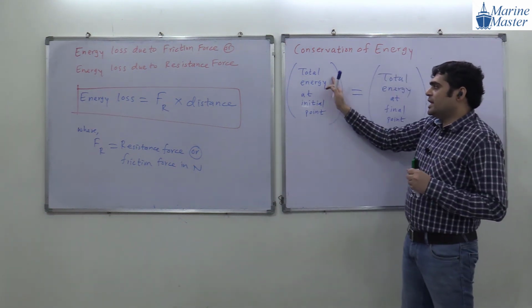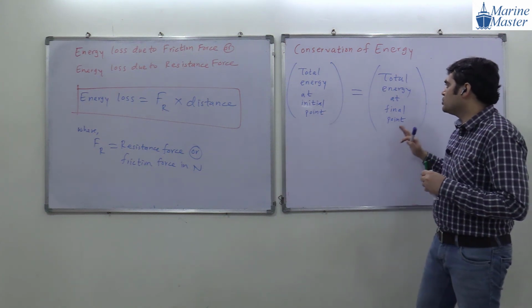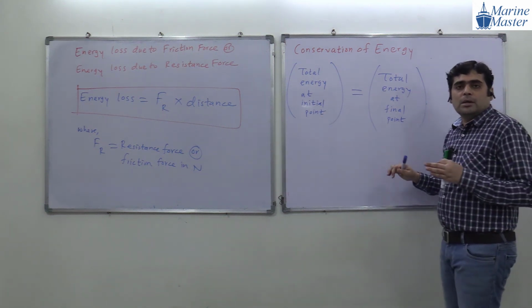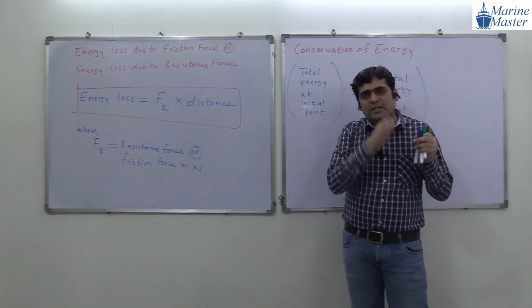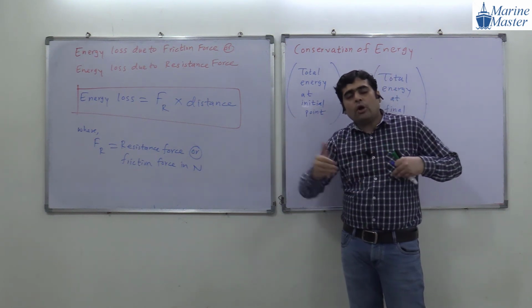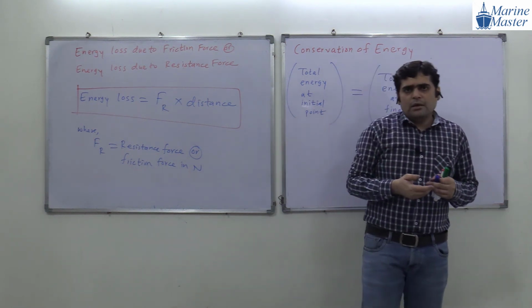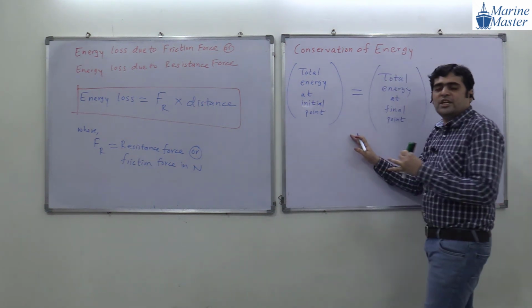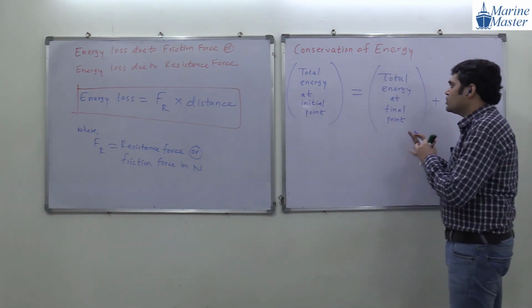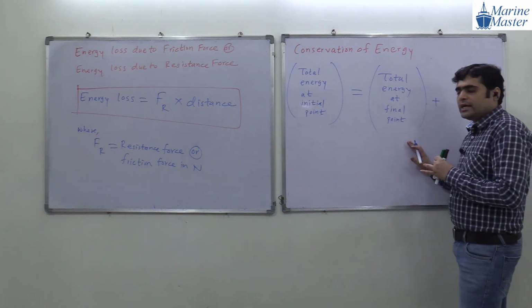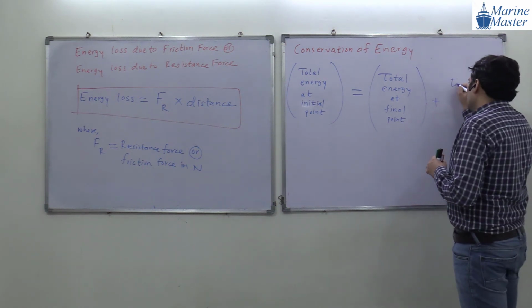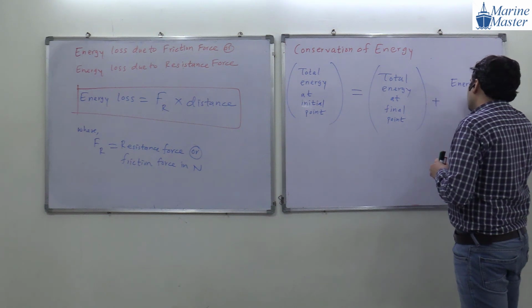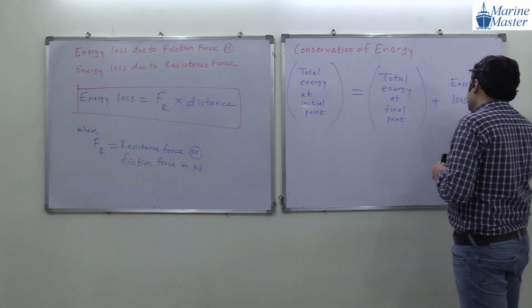Whenever one object goes from one state to another state, there will always be some energy loss. So the total initial energy will be equal to what? Total energy at final point plus energy loss. Okay, you got this relation, guys?